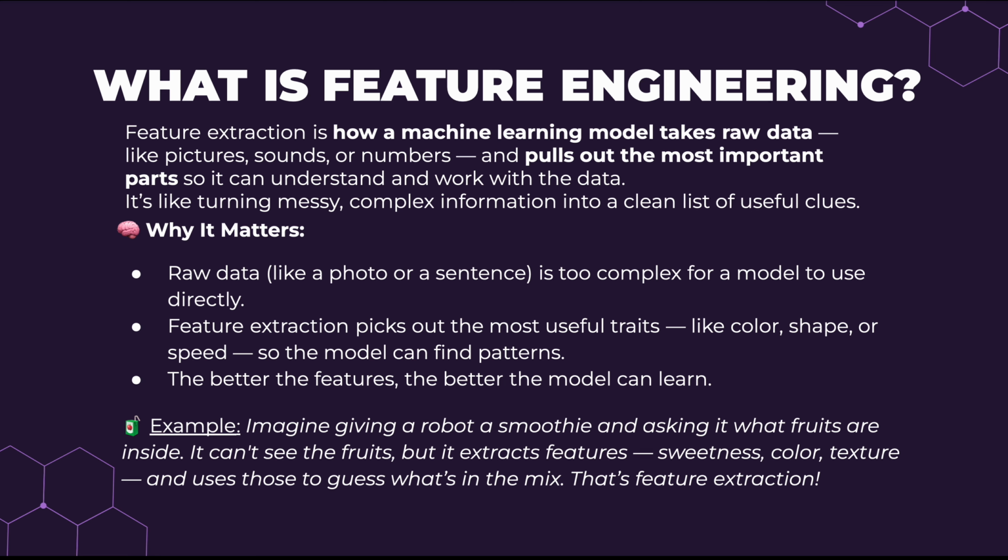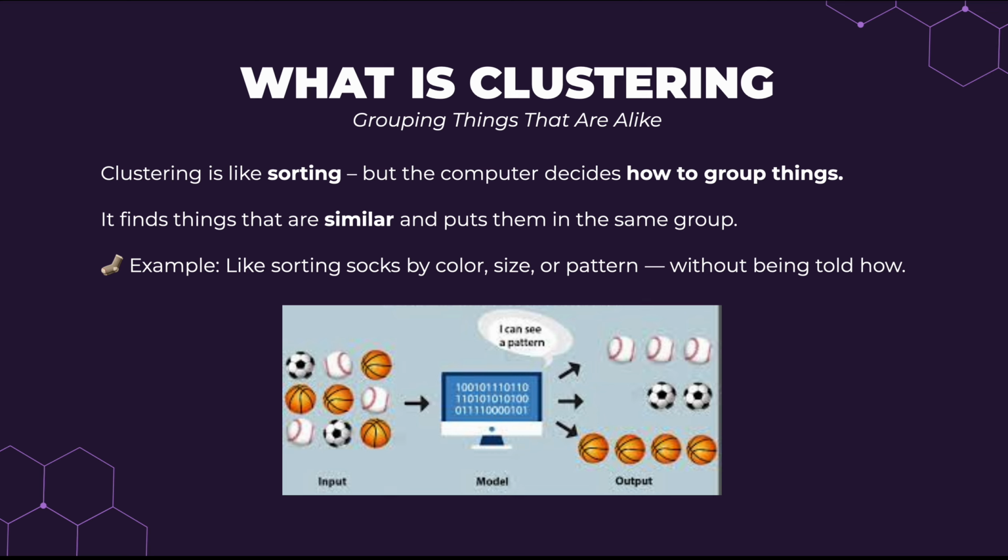This is like giving a robot a smoothie and asking it which fruits are inside. It can't see the fruits, but it extracts features: the sweetness, the color, the texture, and those are the things it uses to figure out what's in it. It's basically like context clues to figure something out. That is what is going on with feature engineering and feature extraction.